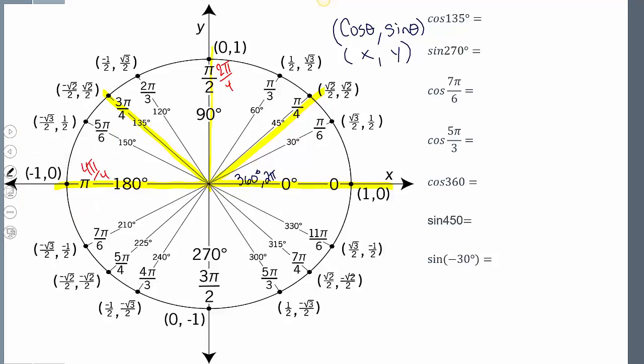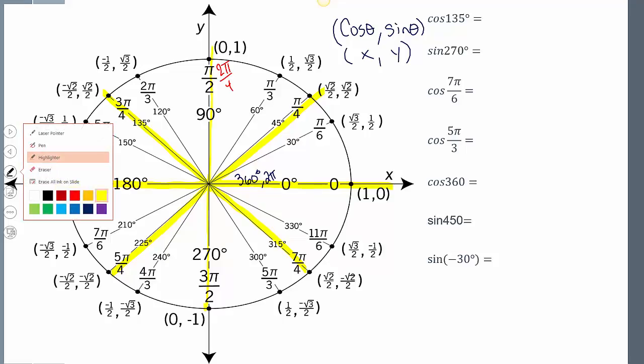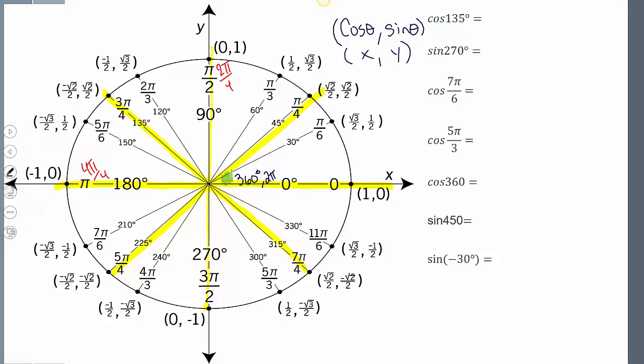Now it continues on, meaning 5 pi fourths, 6 pi fourths, and 7 pi fourths. So all you do is just cut it up into fourths. And as you can see here, here's 1/4, 2/4, 3/4, 4/4, 5/4, 6/4, 7/4, 8/4.